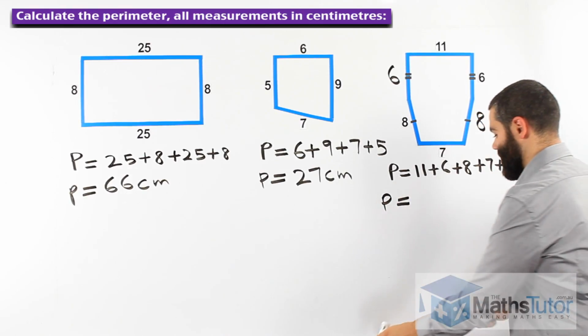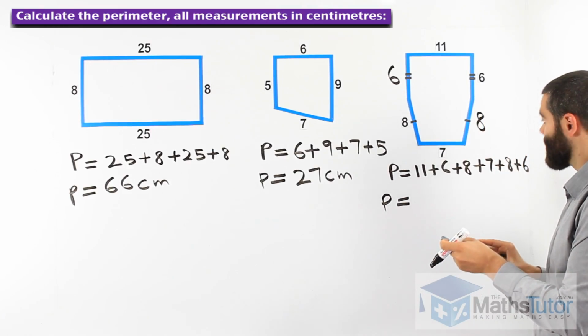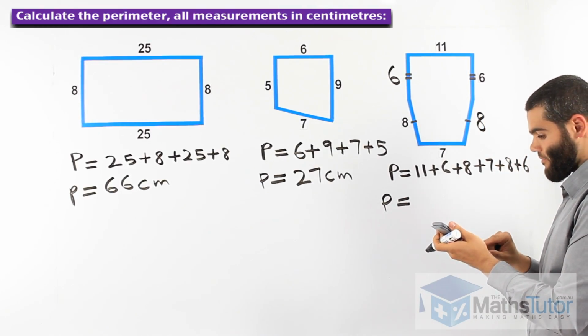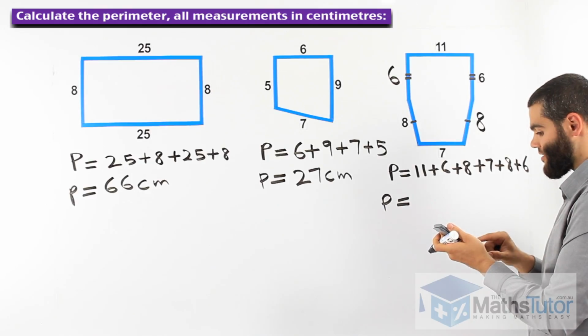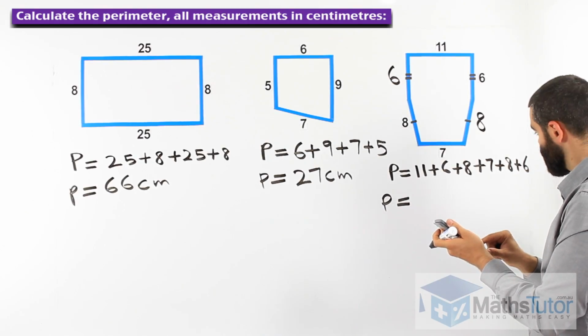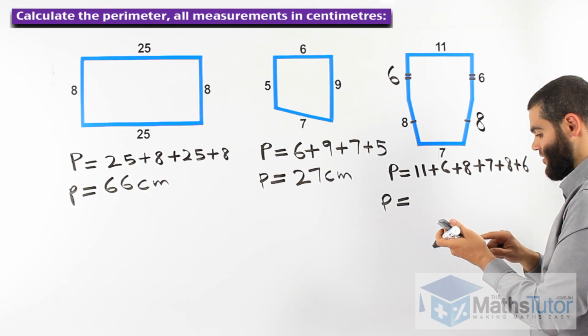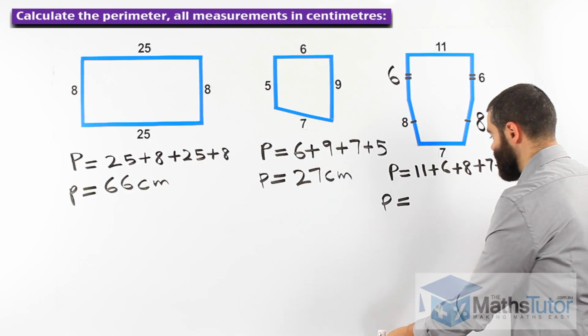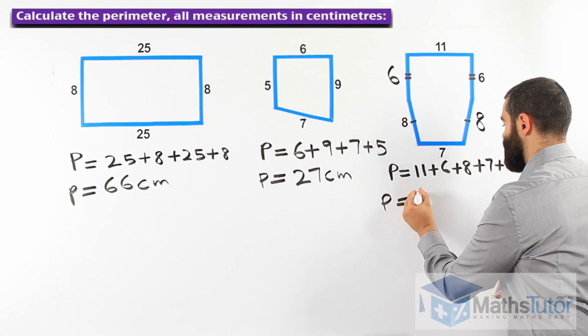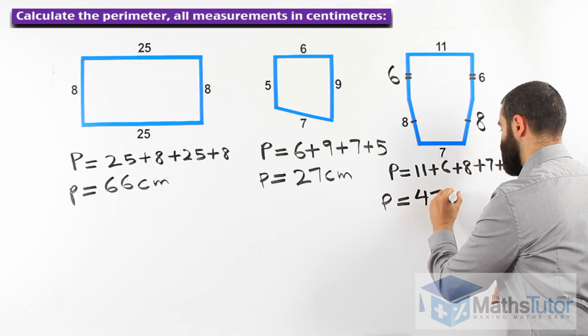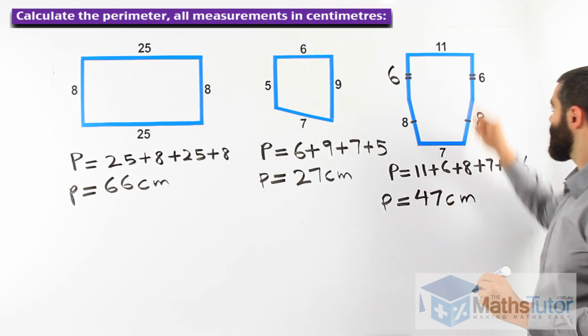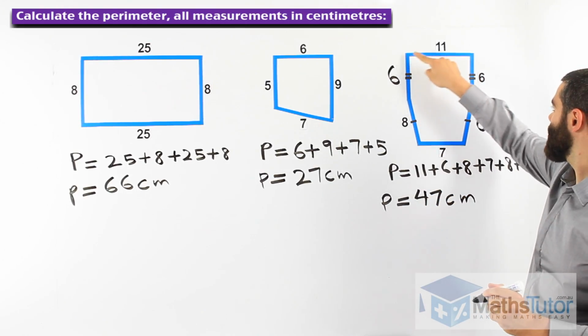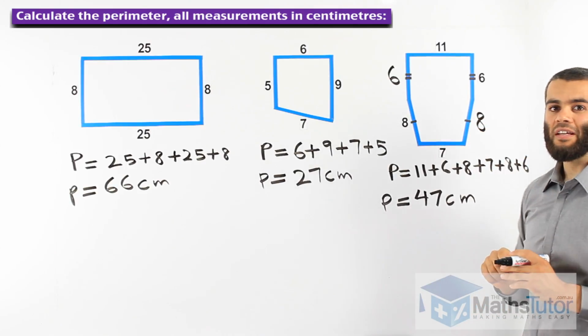Now we can add it up. We can grab our calculator. 11 plus 6 plus 8 plus 7 plus 8 plus 6. Our answer, 47 centimeters. So the perimeter of this shape, the total, is 47.